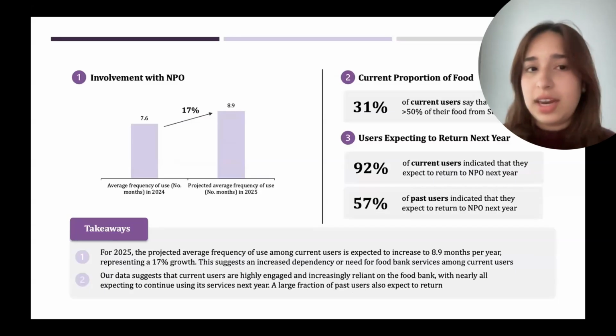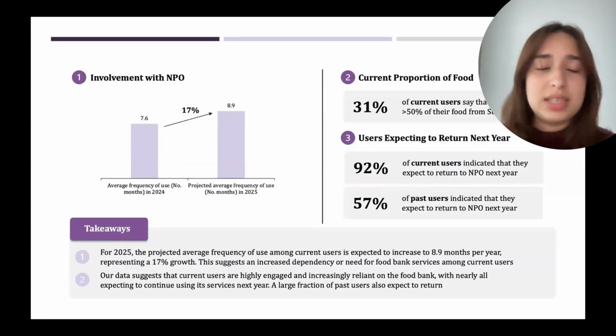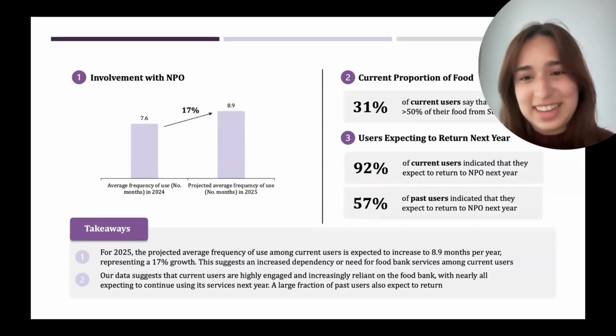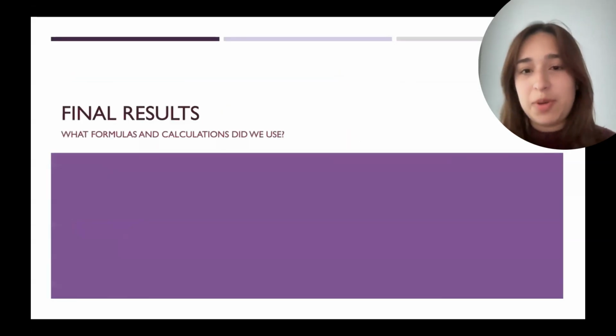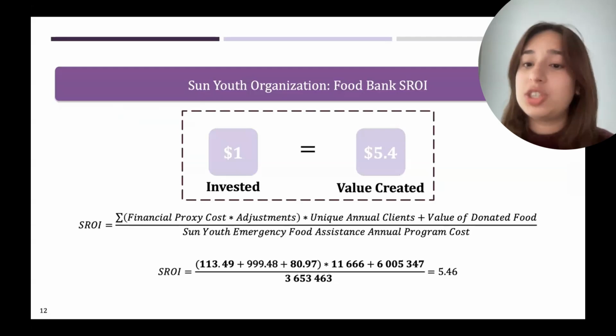Then, aggregating all of this data and conducting some very detailed analysis, we were able to come up with a final result, which showed that for every dollar invested, the program was able to generate approximately $5.40 in social value.